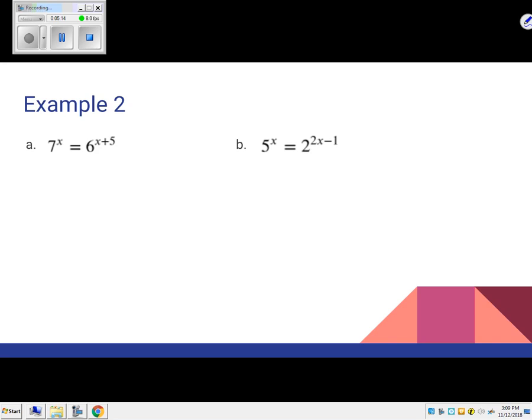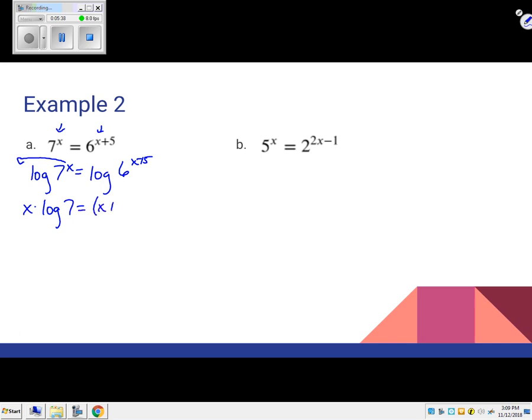But the problem is I'm trying to solve for x, but x is hidden up here in these exponents. So to remedy that, I'm going to take log, or I could take natural log of both sides if that works better for you, whichever one you want to do. The whole reason I'm taking log is that I can use my power property now to drop the exponent down in front of the logarithm.